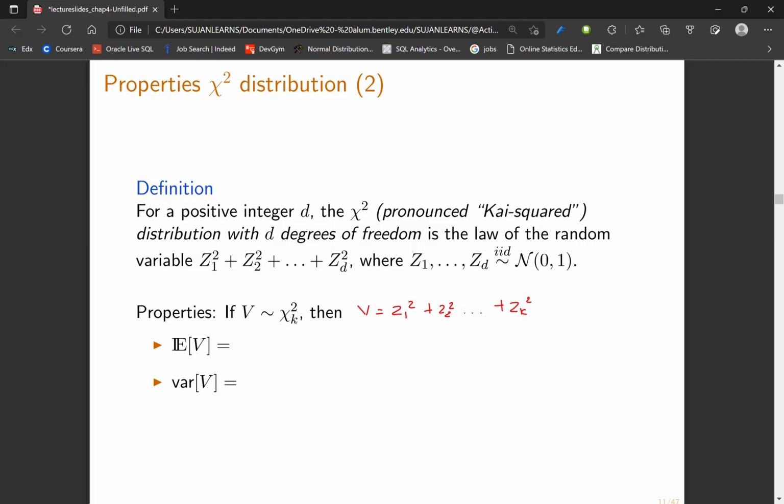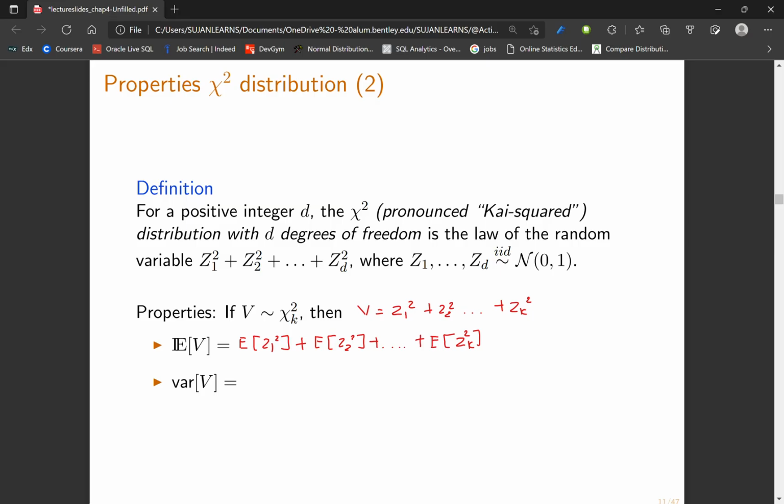Now, expectation of V is equal to expectation of Z1 square plus expectation of Z2 square up to expectation of Zk square.